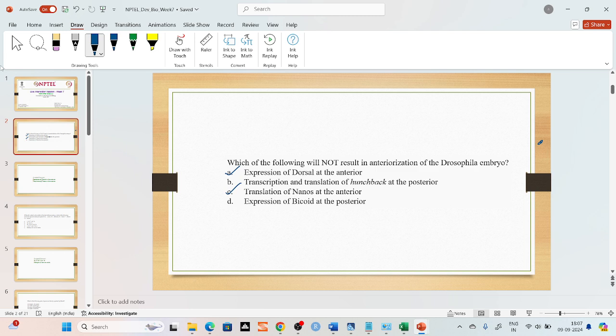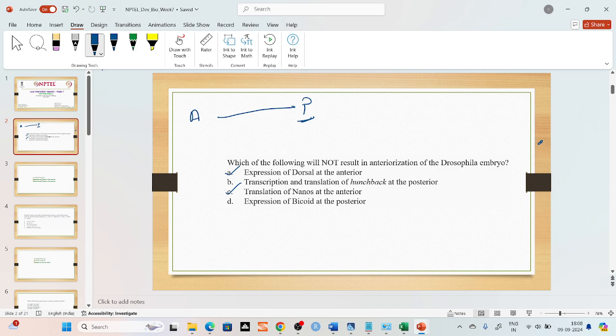Drosophila has an anterior axis and a posterior axis. So you should know the basic morphogens, proteins or mRNAs, depending on which stage we are talking about, which are specifically involved in anterior formation and which in posterior formation.